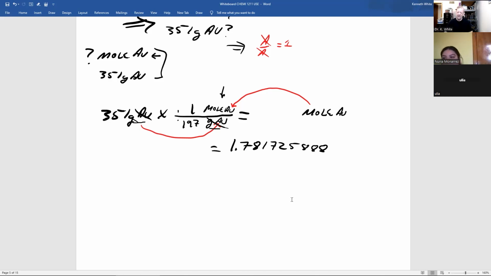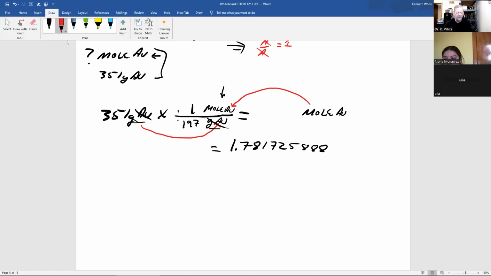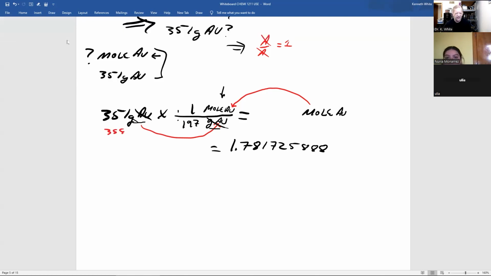And remember, on test 2, we'll say, please use all proper significant figures for all calculated answers. All non-zero numbers are significant, 3 significant figures. 197, 3 significant figures. The 1 is definition, so that's an exact number. Exact numbers do not play a role. Therefore, you get the same number of significant figures in your answer as the number that has the fewest significant figures. Well, in this case, they're both 3.